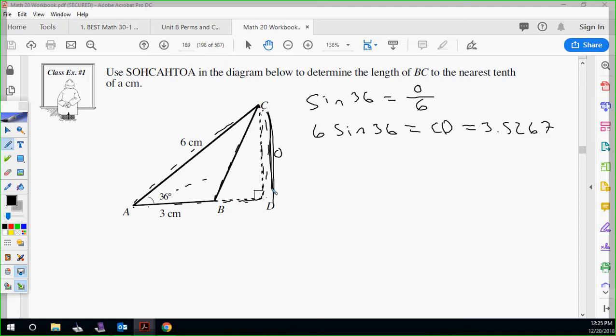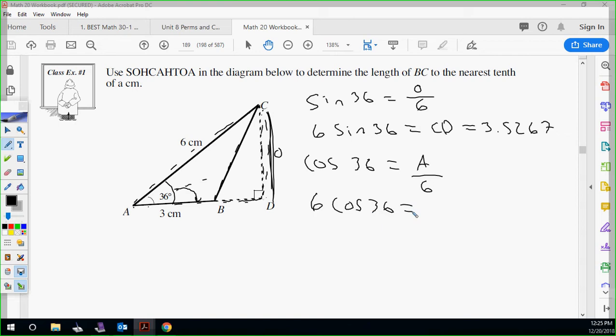So we're going to find the whole thing of AD, which from 36 is the side adjacent, the side next to the hypotenuse. Then we're using cosine. Cosine of 36 equals, we'll call it adjacent, over 6. So then we're going to go 6 cos 36.